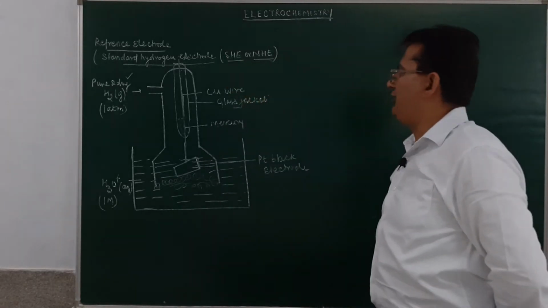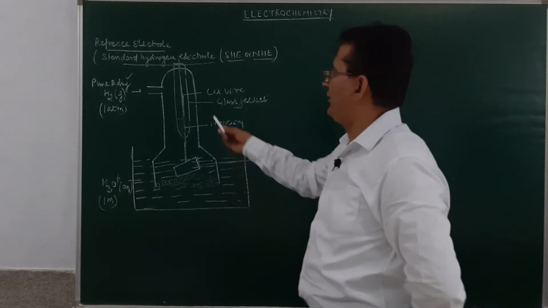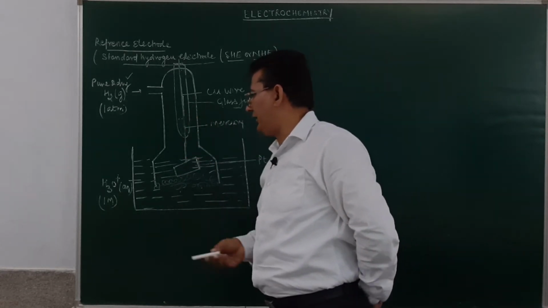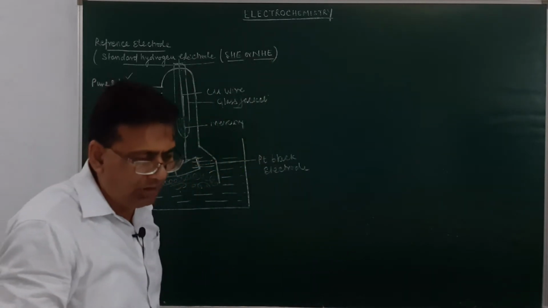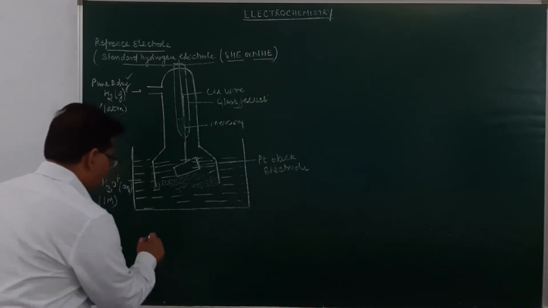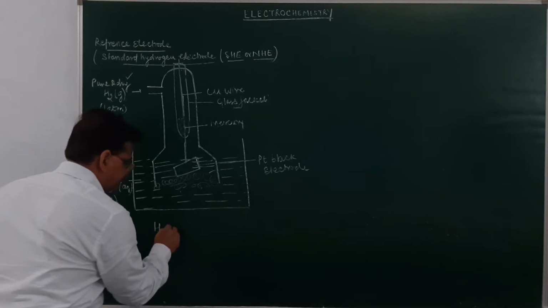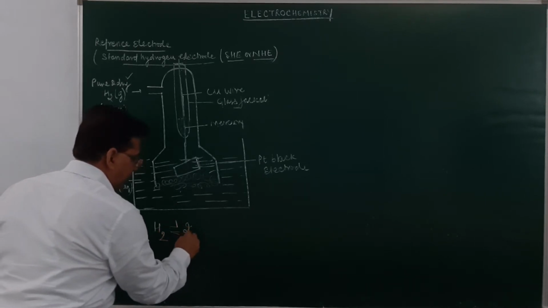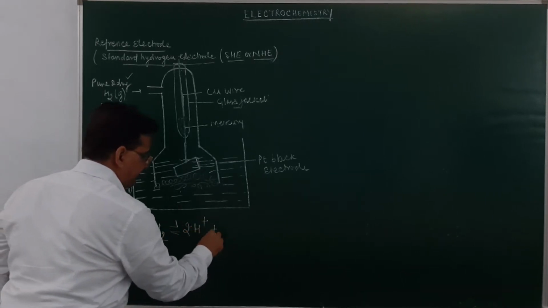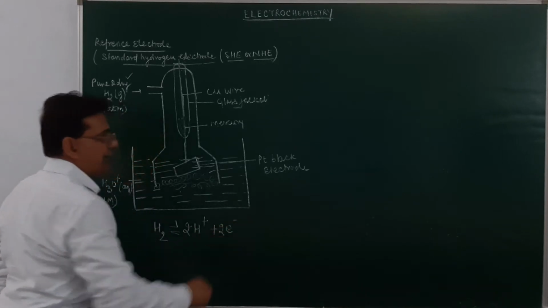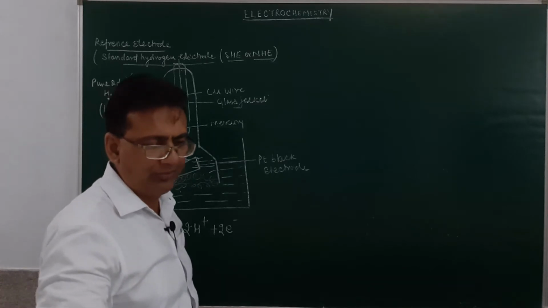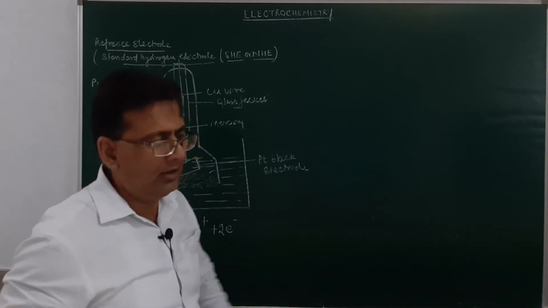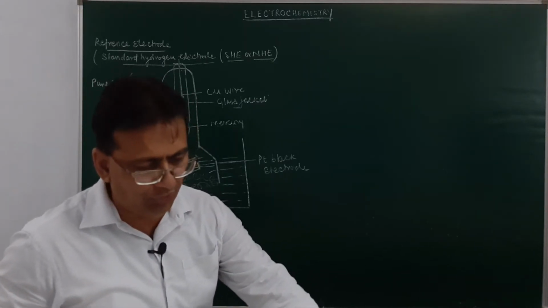So here, students, when pure and dry hydrogen gas is circulated through the acid solution, an equilibrium exists between the hydrogen gas and the hydrogen ion. At 25 degrees C, the standard electrode potential for the hydrogen electrode has been found to be 0.00 volt.